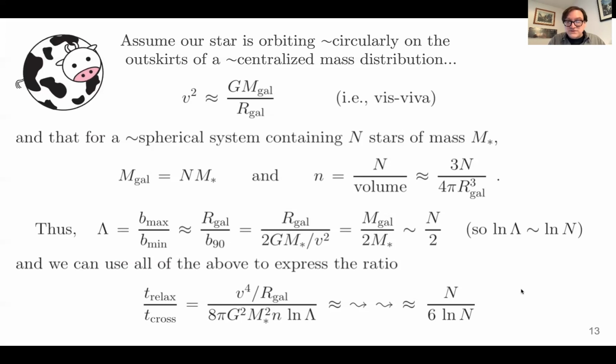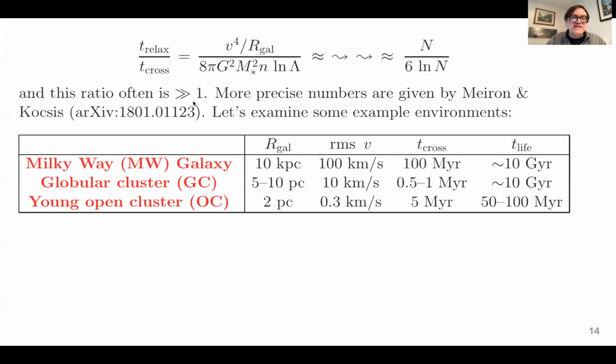It's not proportional to n, it's proportional to n divided by the log of n, but if it's large, that'll still be a large number, and there's a stray factor of 6 in there also. Yeah, but still, oftentimes for big systems, this ratio is going to be much larger than 1. And there's a reference I'll put in the description where you can find more precise versions of these things.